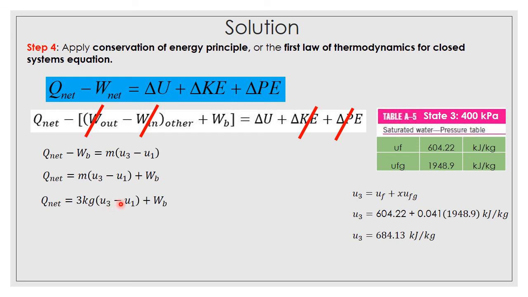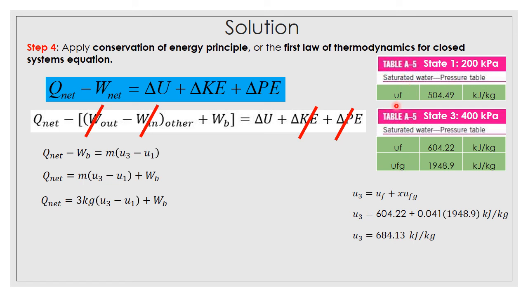To obtain U1, we refer to the table at state 1, which is 200 kilopascal, and look at uf. uf equals U1, which is 504.49 kilojoule per kilogram.